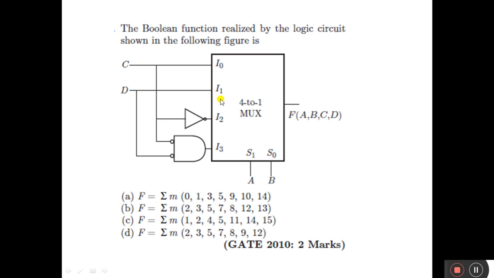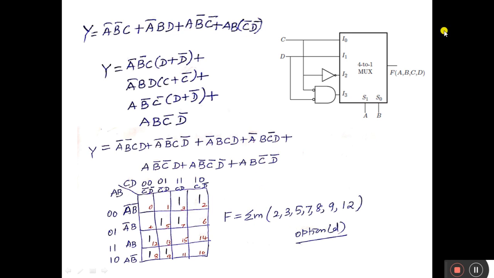So we will discuss the solution with the circuit given. We know the selection lines A, B, as we just discussed. Accordingly, if I write the equation, A B multiplied with I0, this function becomes A bar B bar C and A bar B D. Next, selection line I1 gives A bar B C bar, because the C is inverted and given to I2.